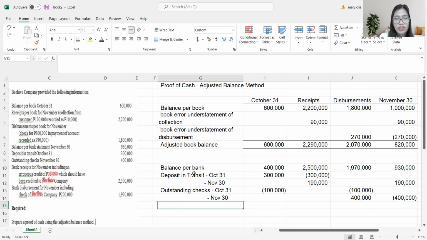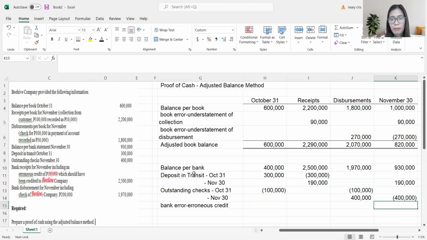Okay? So another reconciling item will be ito, yung related sa 100,000. 100,000 erroneous credit. So we'll have here, this is a bank error, specifically an erroneous credit. So nangyari yan noong November. So since erroneous credit man yun, ibig sabihin overstated yung ating bank balance.